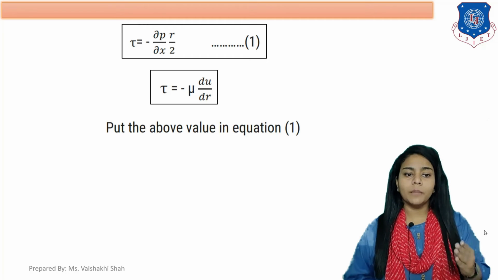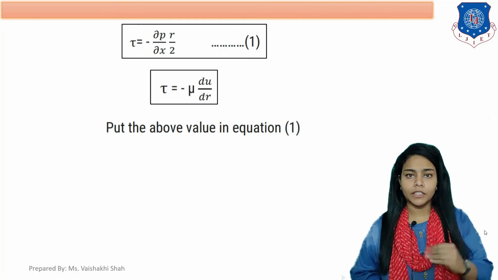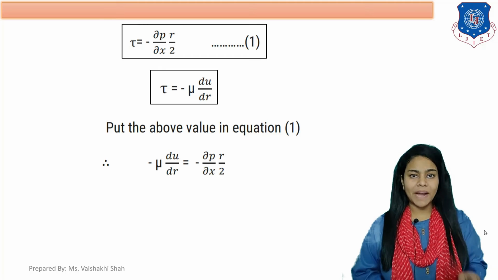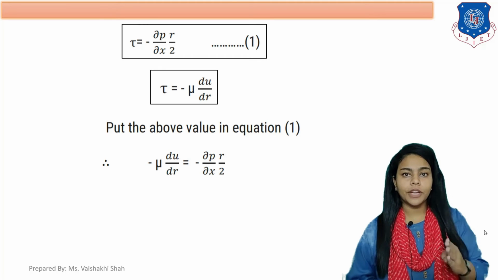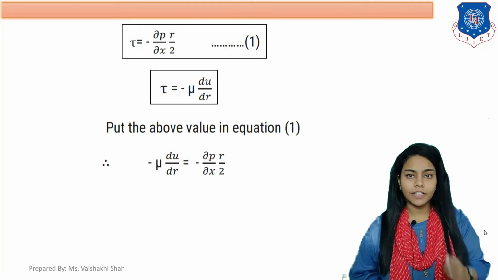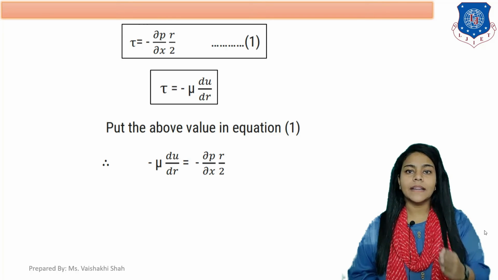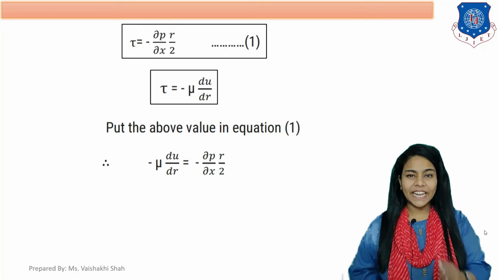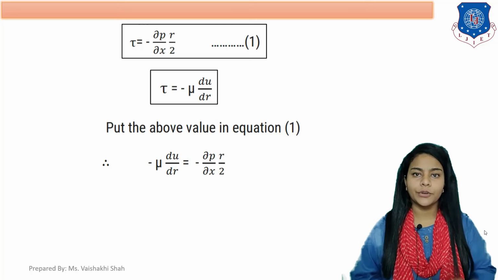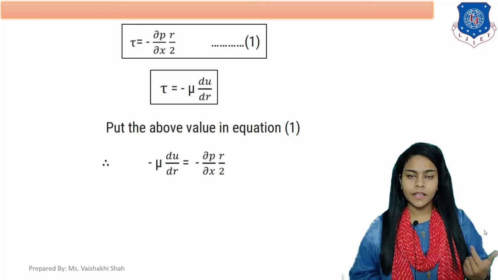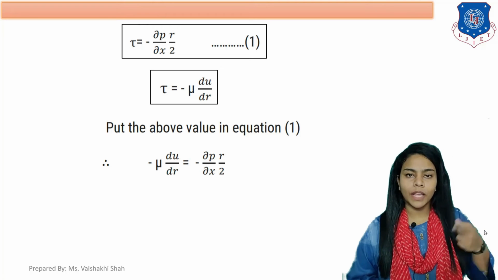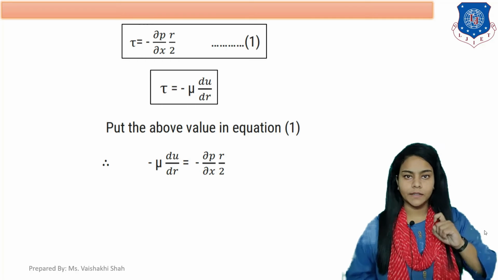Put the above value in equation number 1, you get minus mu into du by dr equals minus del P by del x into r by 2. Clear? Replacing the value of tau in equation number 1.